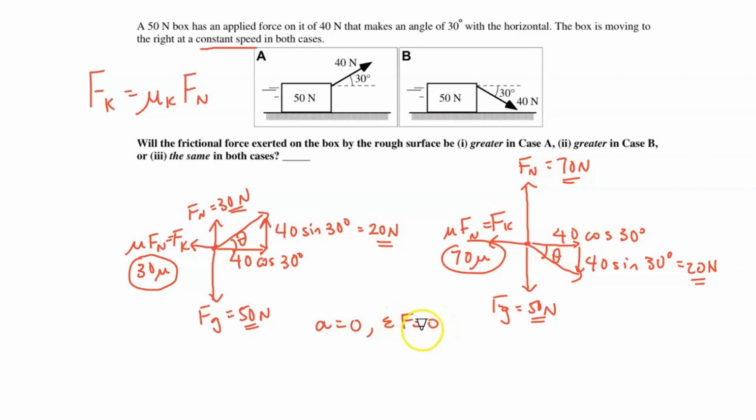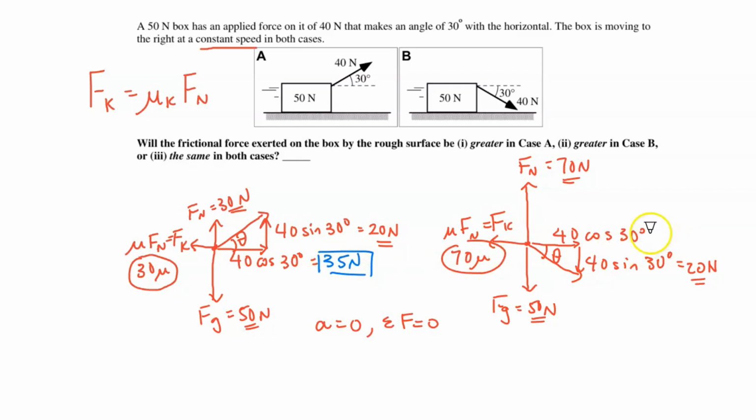The sum of the forces horizontally needs to equal 0. Horizontally, 40 cosine 30 is 35 newtons. So in order for this to be moving at constant speed, what would the friction force have to be? It would have to be 35 newtons.